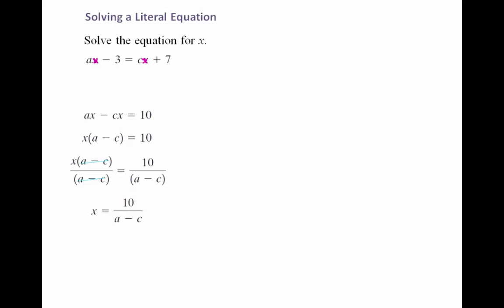What you need to do is move all those terms that contain x to one side of the equation. So if I subtract cx from both sides of the equation, I subtract cx here and cx here.